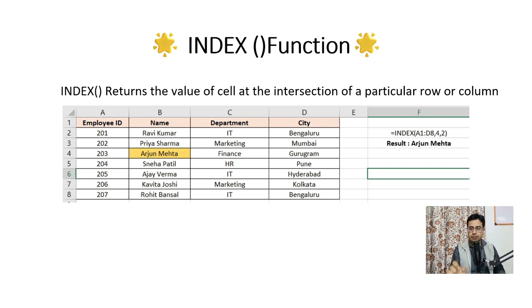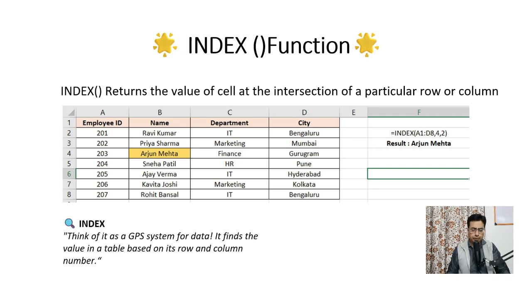First we'll give the array or the range, that is A1 to D8. As you can see, the row number is 4 followed by the column number 2. The result would be the value that is there in cell B4, which is Arjun Mehta. Simple. So you can think of it as a GPS system for data. It finds the value in a table based on its row and column number.